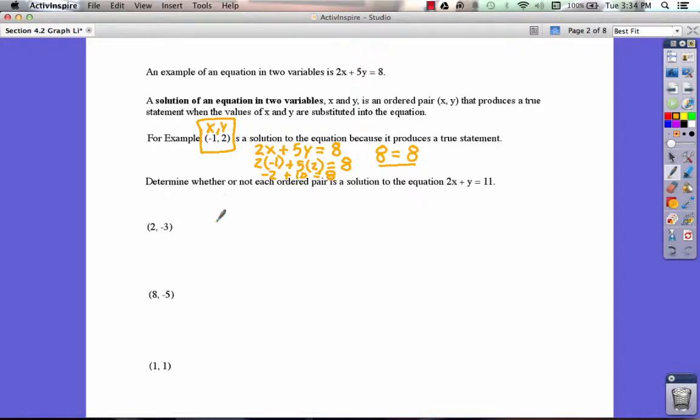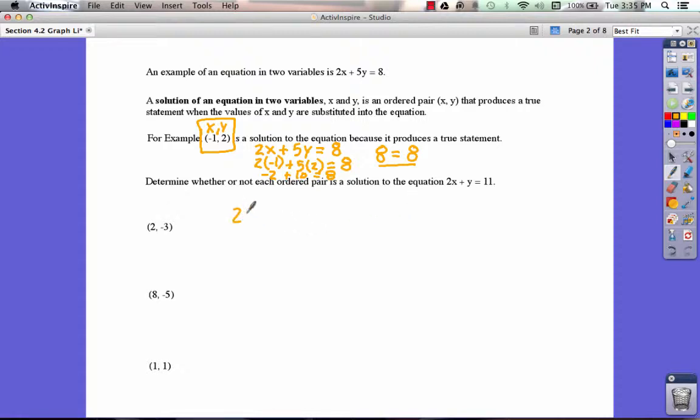Now we want to determine whether or not each ordered pair is a solution to the equation 2x plus y equal 11. We have three ordered pairs, 2, -3, 8, -5, and 1, 1. Let's check and see if each of these are a solution. So let's take 2, -3 and plug it into this equation.